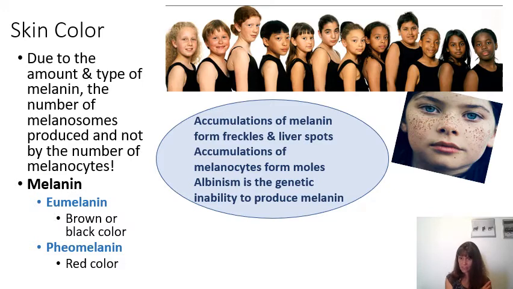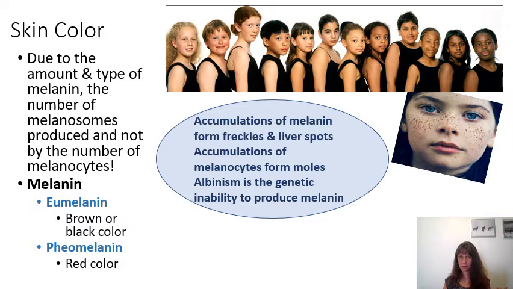So the more melanosomes that are in a person's melanocytes, the more melanin will be produced. So it's due to the amount and type of melanin, as well as the number of melanosomes, not the number of melanocytes. When we accumulate melanin, that can form structures that we refer to as freckles or liver spots, and sometimes accumulations of melanocytes will form structures that we refer to as moles.